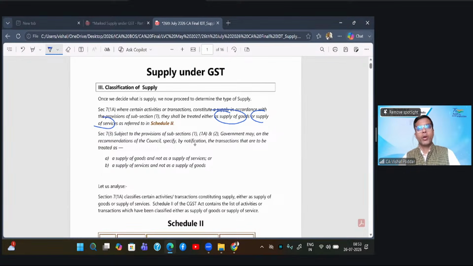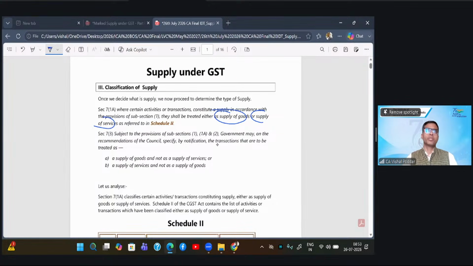Agreed. But you have to understand that even though GST is a single tax, the provisions under GST, which we will be studying in future topics, like classification, exemption, time of supply, place of supply, and even some of the provisions of ITC, distinguish between goods and services.